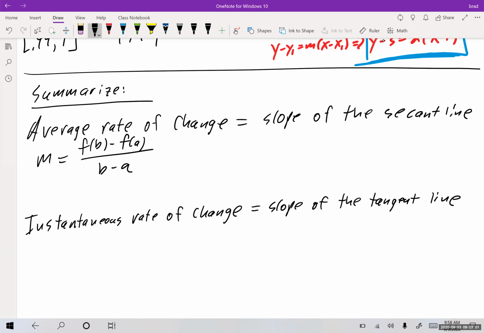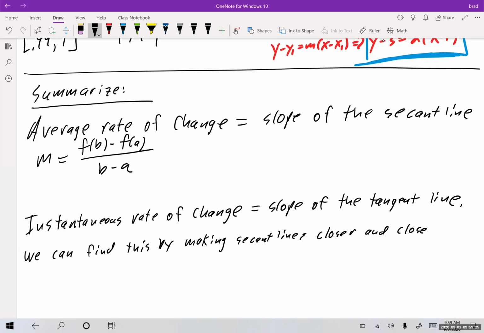And we can find this by making secant lines closer and closer to the given point.